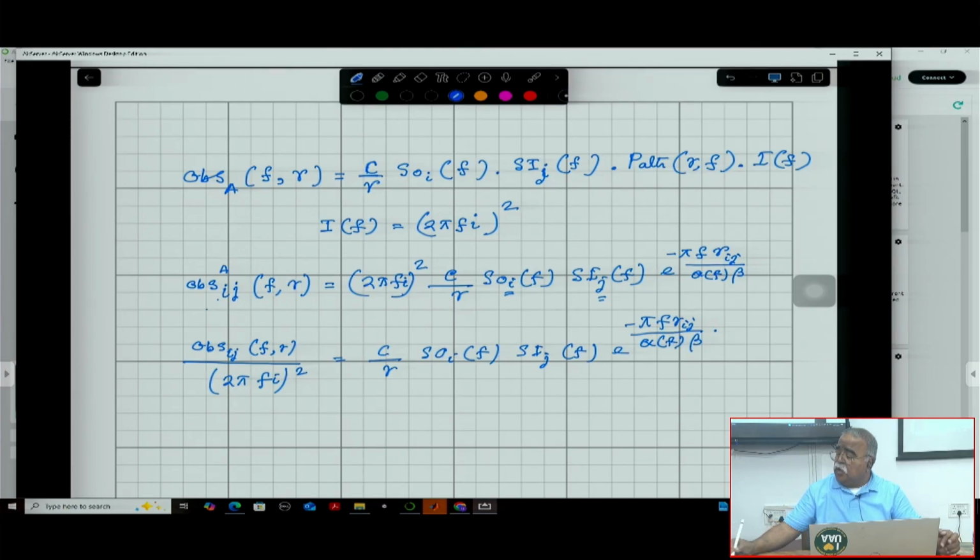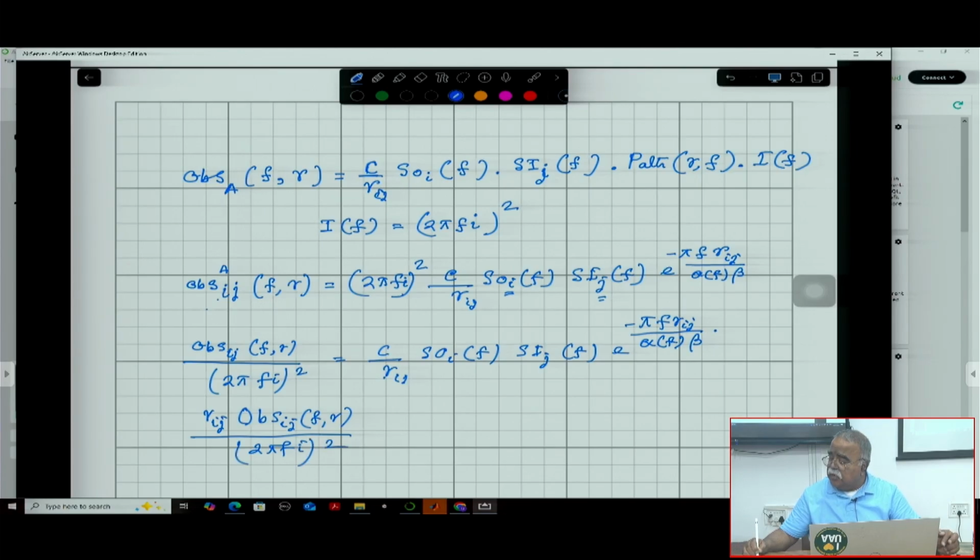Here Rij is the distance, so if we multiply by it, the compensation of the distance has been taken into account, divided by (2 pi f) squared.